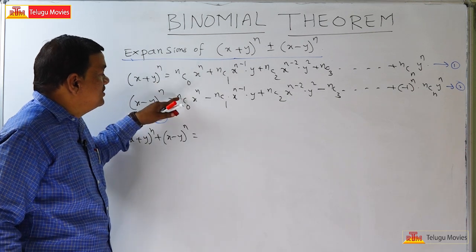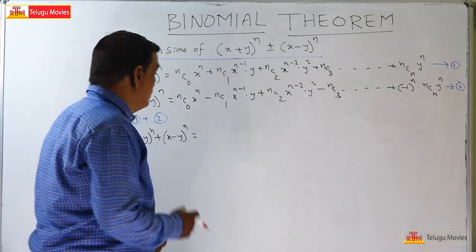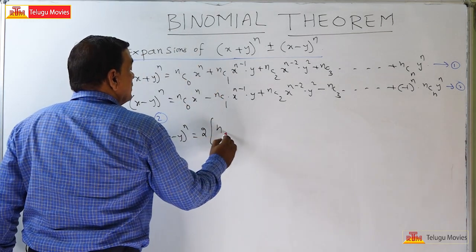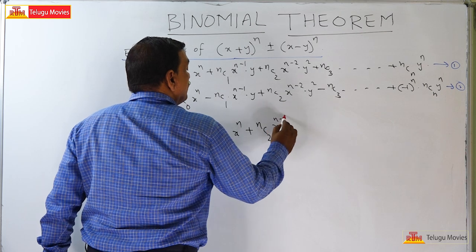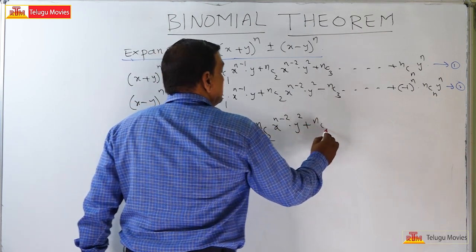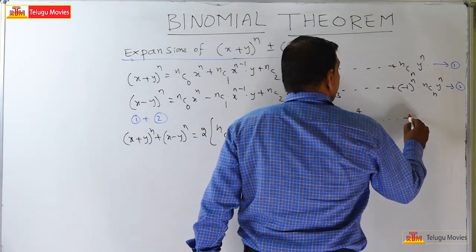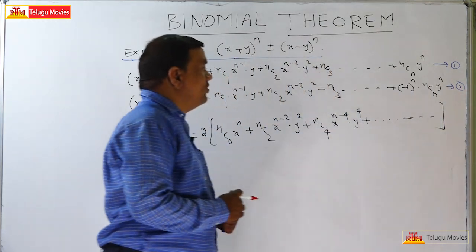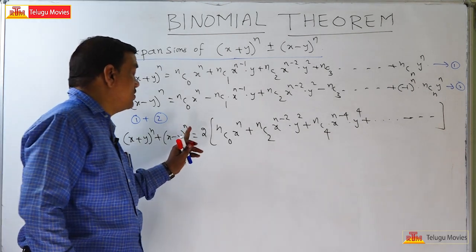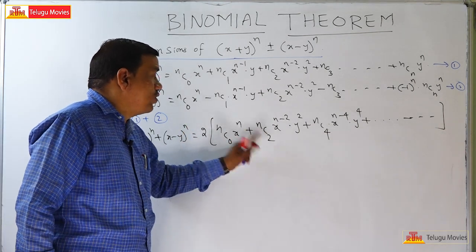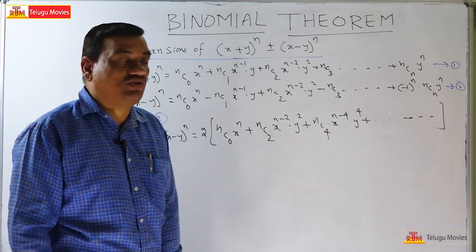So what remains? nC0 and nC0, 2 times nC0; nC2 and nC2, 2 times nC2. That is 2 [nC0 x^n + nC2 x^(n-2) y^2 + nC4 x^(n-4) y^4 + and so on]. The last term we cannot say, that depends upon the n value. So on the whole, what you have to observe is 2 times nC0, nC2, nC4: the suffixes 0, 2, 4, 6, 8, even numbers will come.